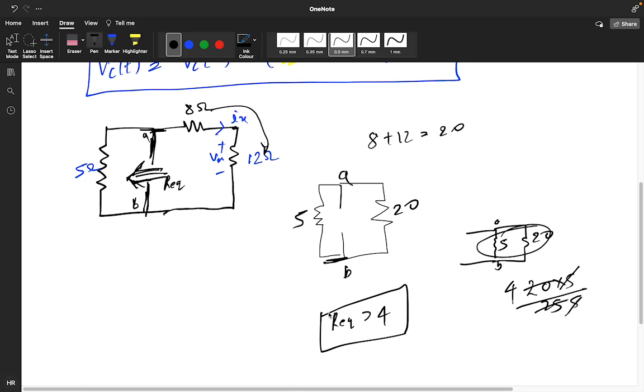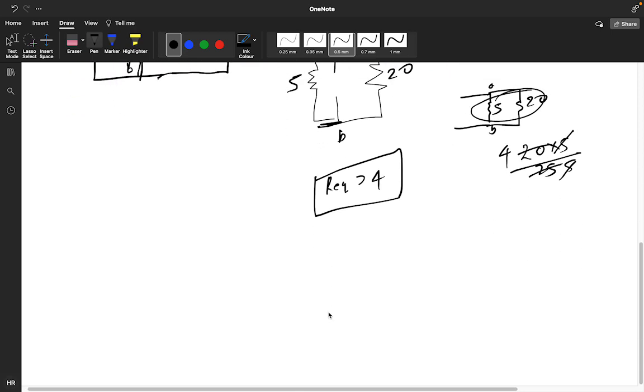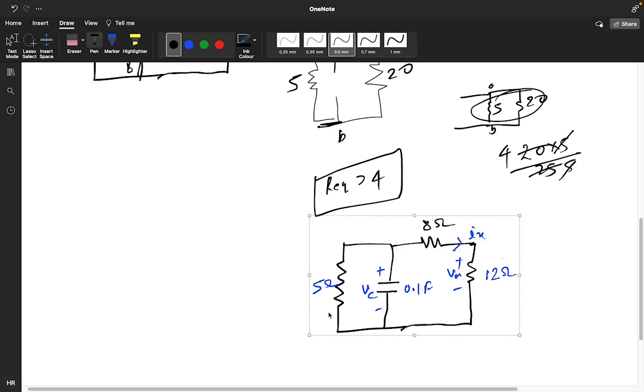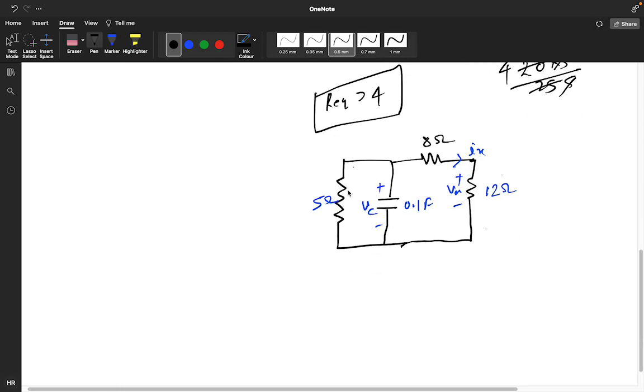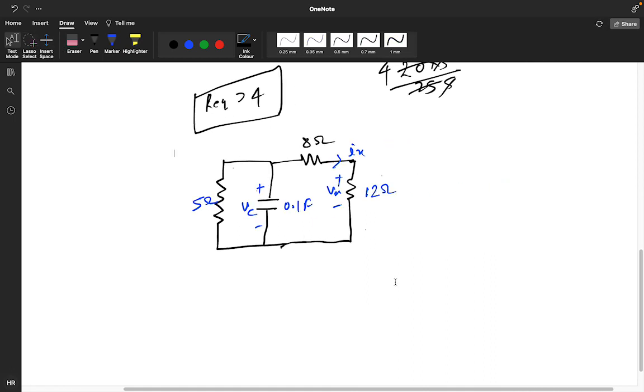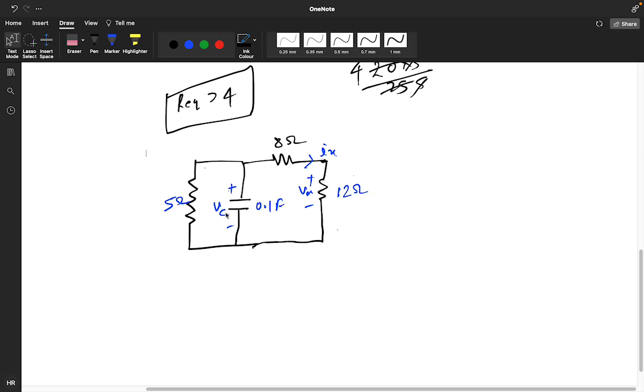And what will be the Vc at infinite position? So we have this circuit. At infinite position, what will happen, guys? What will be the VC infinite value?